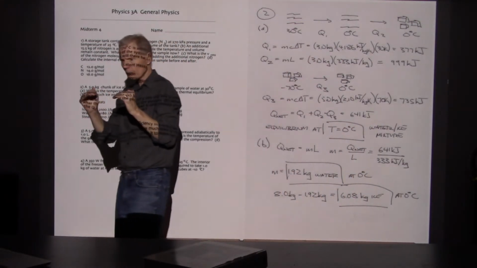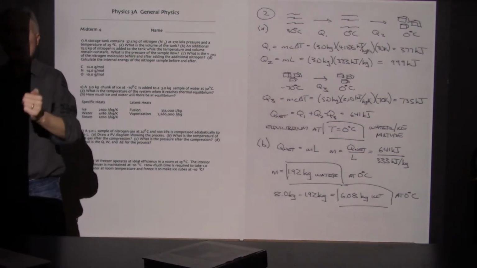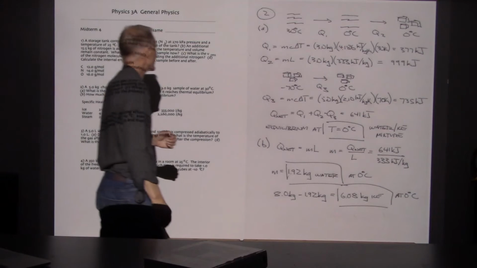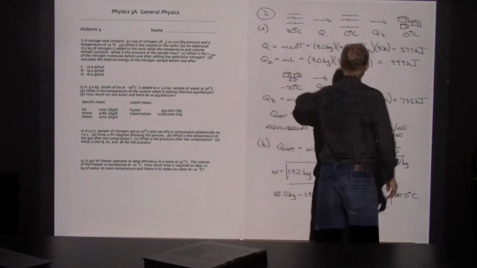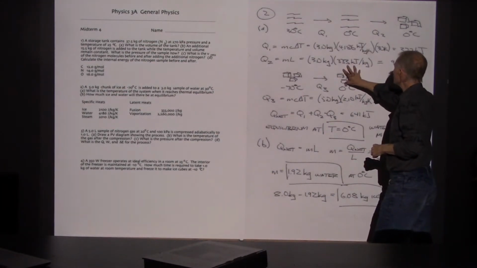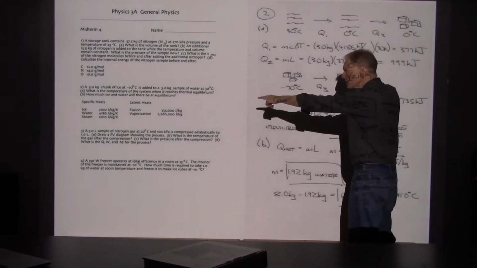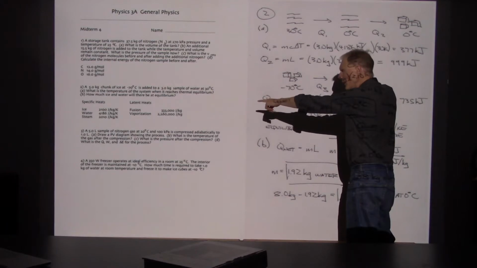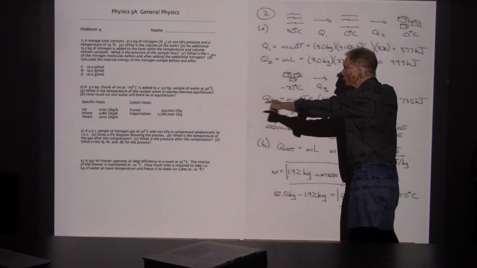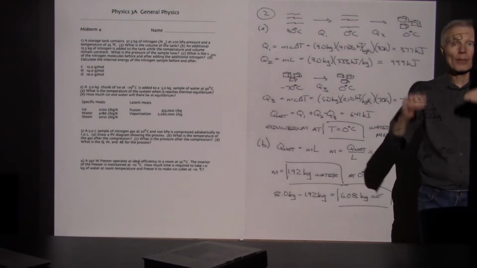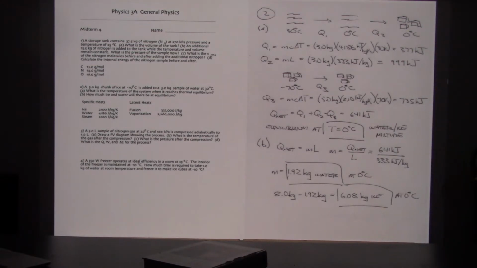It's going to lower its temperature to 0, and then as we draw more thermal energy out, it's going to freeze. It's going to undergo a phase change. So that's 3 kilograms. A phase change requires 338 kilojoules per kilogram, and again, I changed those numbers into kilojoules, and it worked out to be 999 kilojoules. So that's how much heat we have taken out.